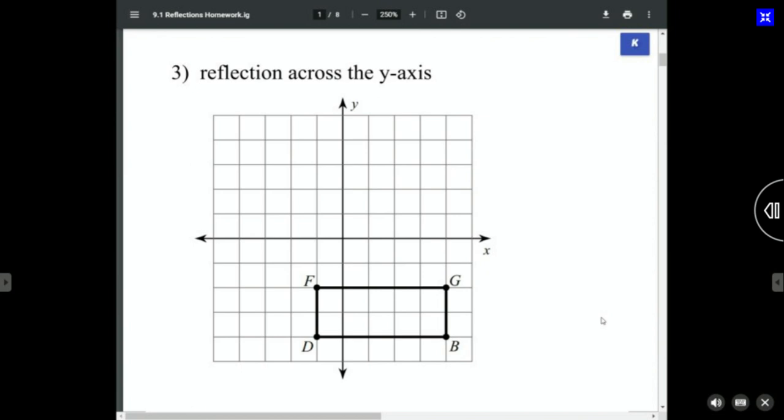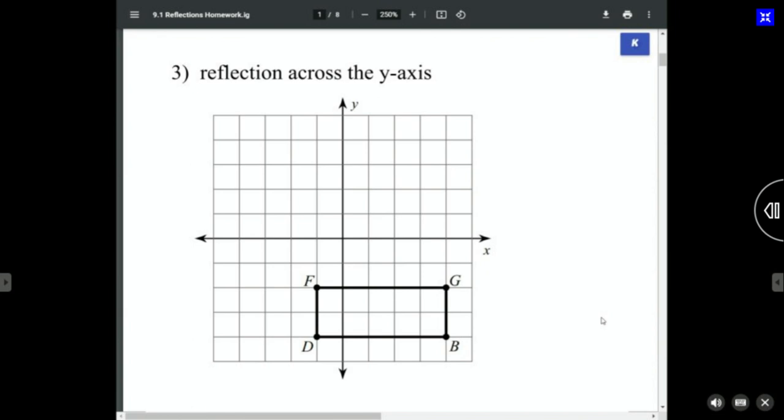So I have, what's this coordinate point right here on G? 4. Okay, so write that down. 4, negative 2. All right, now the negative 2 is going to stay the same because that's Y. And we're going across the y-axis. But I got to multiply X times negative 1.